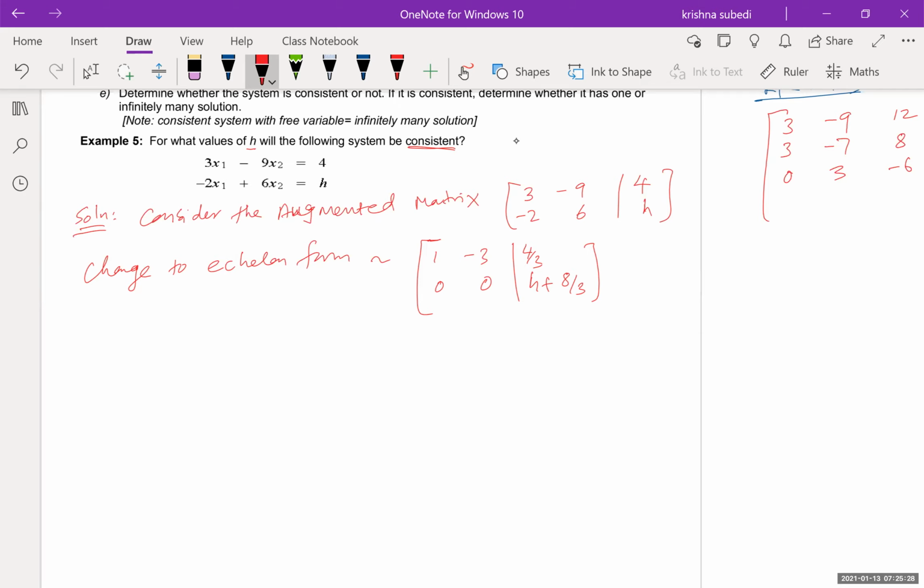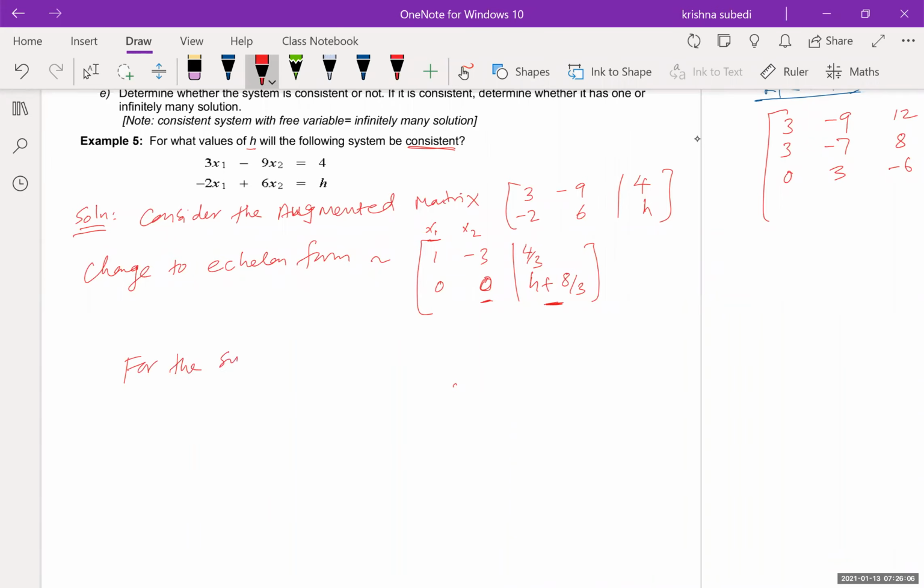Same here. Okay, good. So remember, the idea is that in order for this system to be consistent, if this one is 0, then this must be 0, right? Otherwise, it is inconsistent.